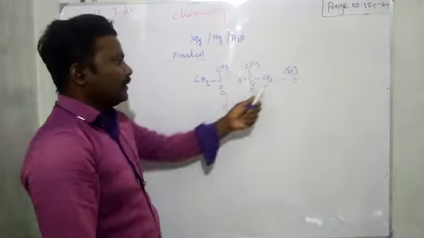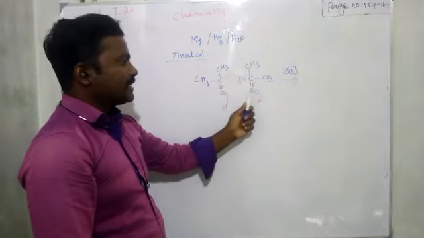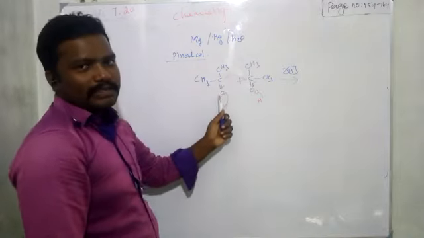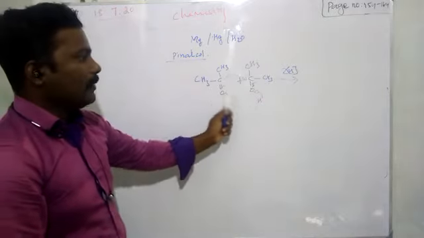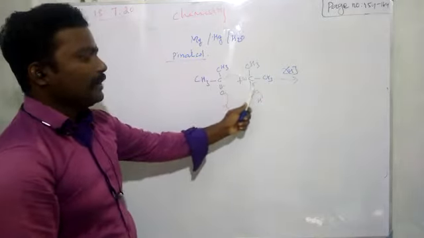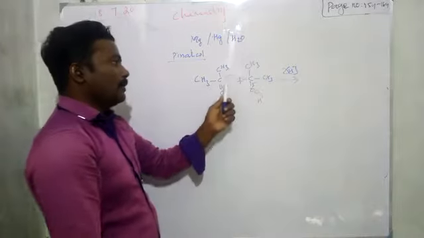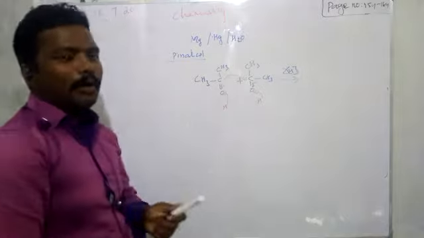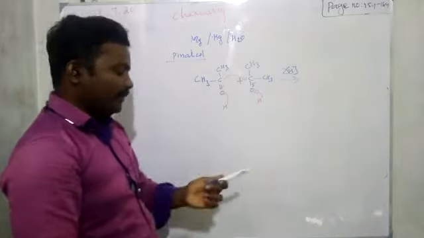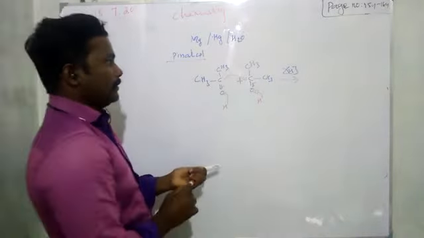Listen carefully. You have taken 2 hydrogen. One is added to the first oxygen, another one is added to the next oxygen. Now OH will form. Because of that, the double bond will reduce into a single bond. Now each carbon has a deficiency of a bond, that's why we can make a new bond between them. So what is the product?